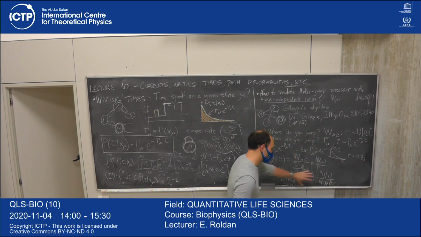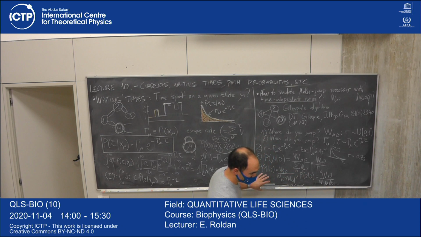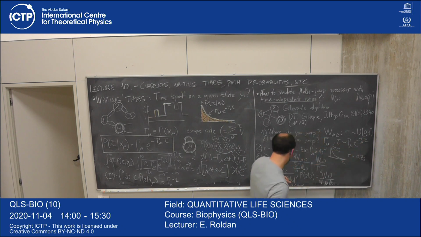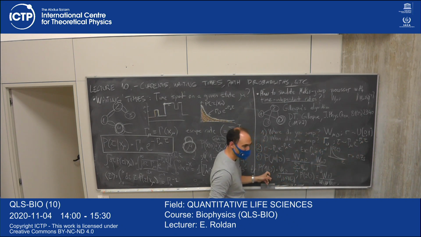This is an example, right? You see this, when you sum this, is equal to 1. So these are the probability to jump to 1 or the probability to jump to 2. So all you need to know is this random number between 0 and 1. If it's smaller than this number, you jump to 1. And if not, you jump to 2.